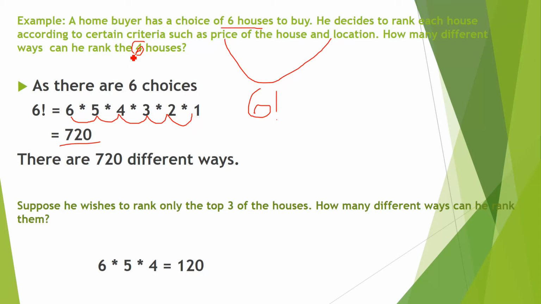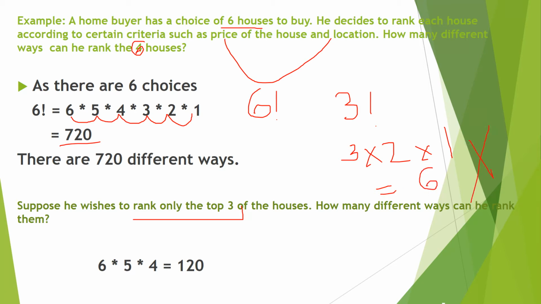In this example he is considering all 6 houses, but in example B, the second part, suppose he wishes to rank only the top 3 of the houses. It does not mean that you write 3 factorial, 3 multiplied by 2 multiplied by 1, because in this way you will get only 6 different ways, which is wrong.